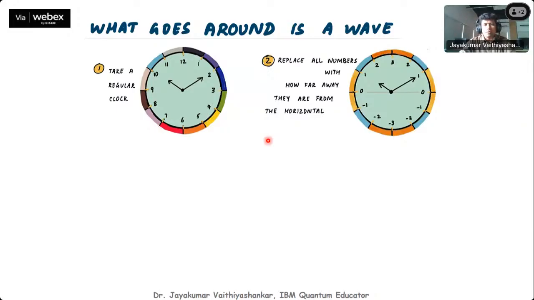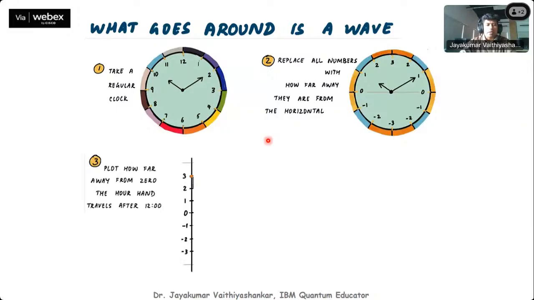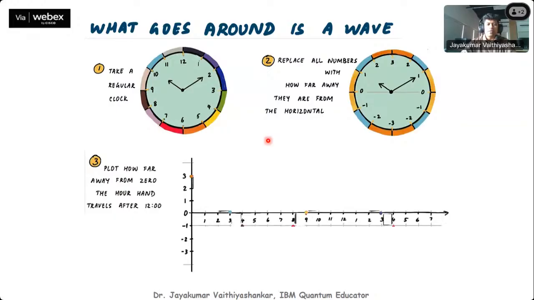Replace all these values and try to plot them in an XY graph. Plot how far they are from 0, and it travels from 12. Make a mention of 12 o'clock. What is the value of 12 o'clock? 3. How far is it from 0? You need to map each and everything on an XY plot.